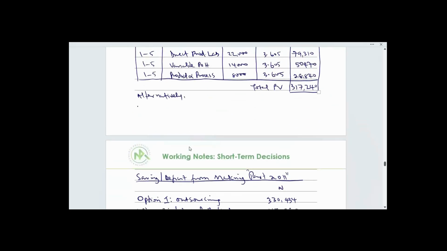So I will just say total PV of internal production equals 88,000 multiplied by 3.605. I should be able to get the same thing as 317,240.